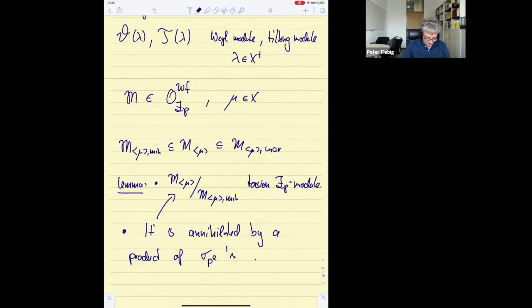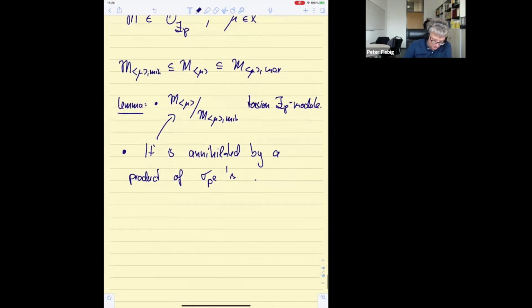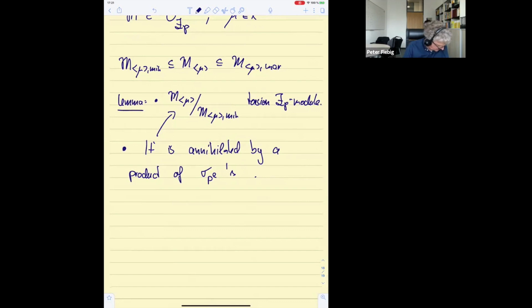But what is also very surprising is that the prime P, the number P in ZP, doesn't occur as a torsion coefficient here. It's really only these cyclotomic polynomials. And the problem now is that, as I said, this torsion is super hard to understand because there's no elementary divisor theorem.